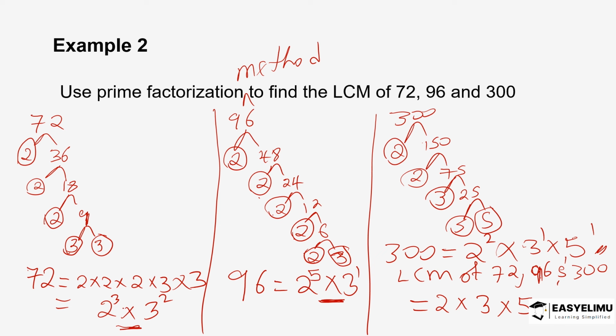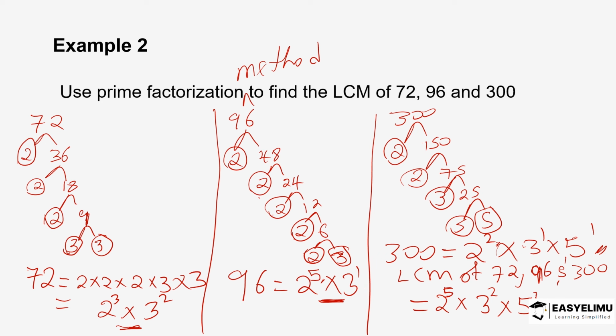So 2 power 3 here, 2 power 2, and there is 2 power 5. So the highest power is 2 raised to power 5. Then 3, we have 3 power 1, 3 power 2, and 3 power 1. So 3 power 2 is the highest. And of course 5, we have 5 power 1. Somewhere here there could be 5 power 0, as there is no 5.